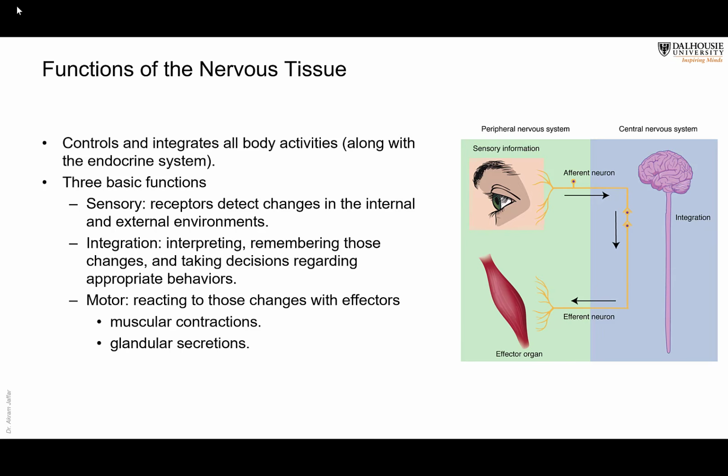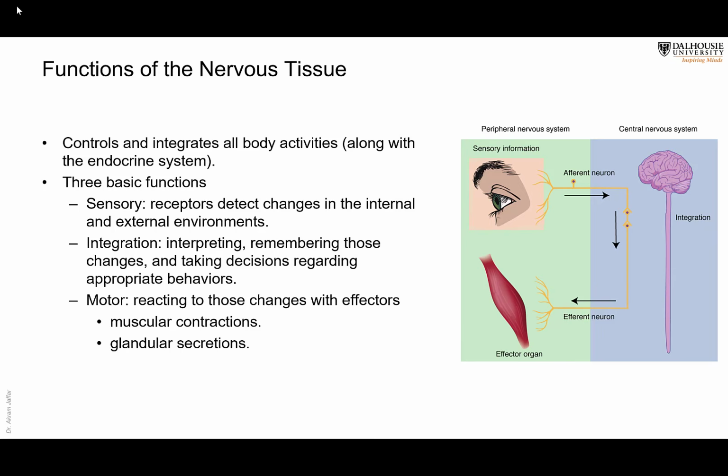Input is the sensory input. The receptors are going to detect the environment, whether inside the body or outside the body. For example, I'm detecting that there is light outside the body, but at the same time, I have a colic in my intestine, so that is inside my body.